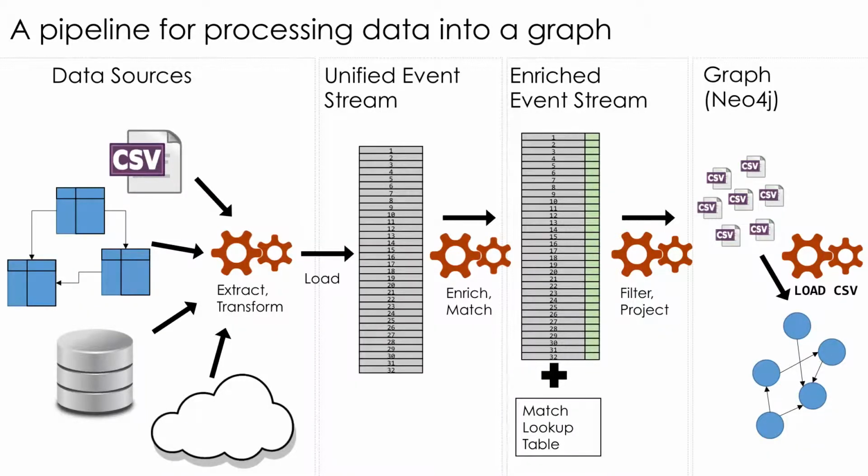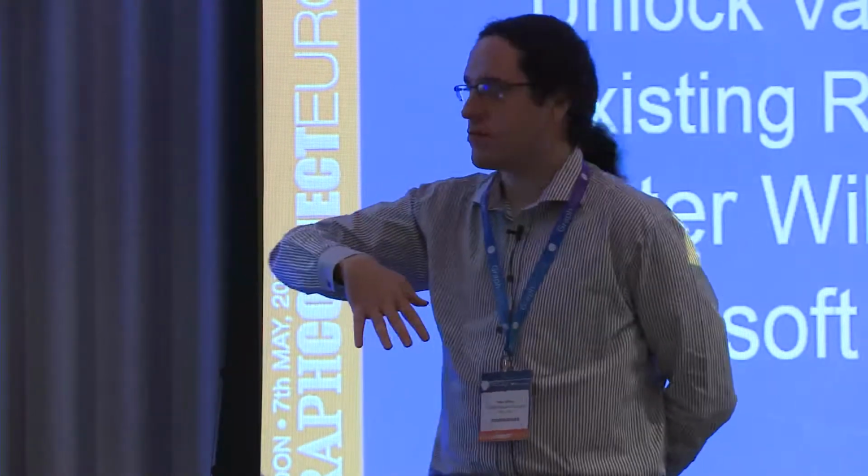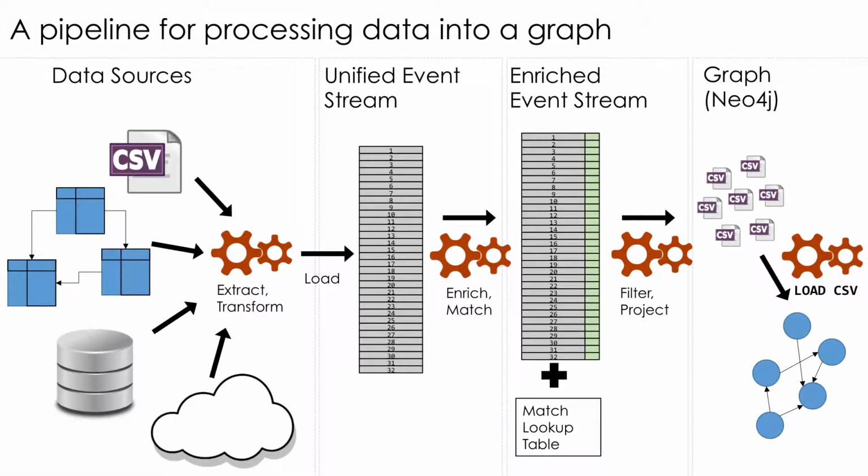So here's a diagram of what we've built along the way. Essentially, we're taking multiple data sources, Oracle databases and some Excel data, and possibly some other sources. We're taking those and we're building out an event stream. So out of multiple data sources, unify everything into one event stream.